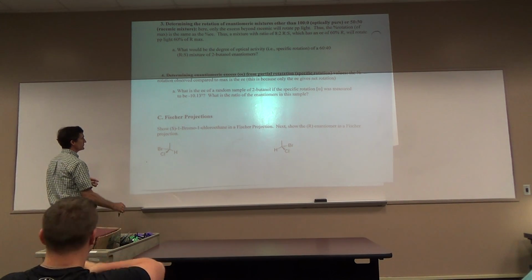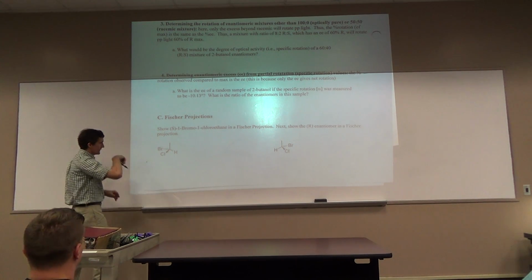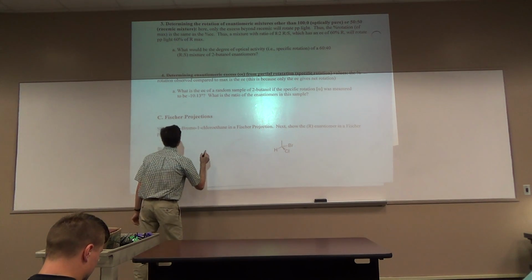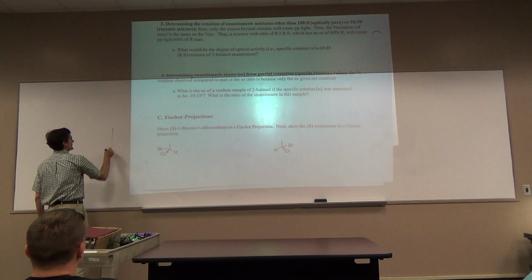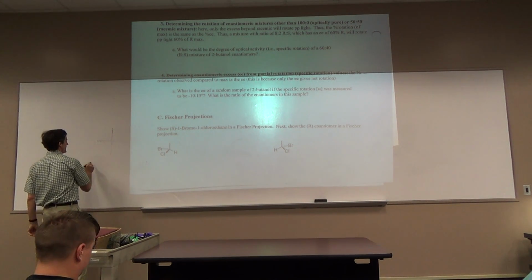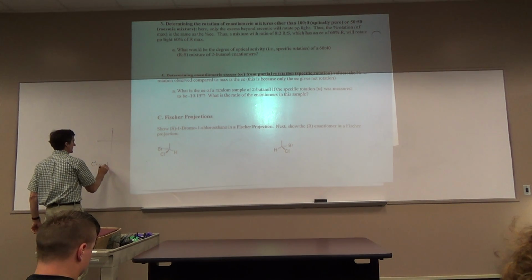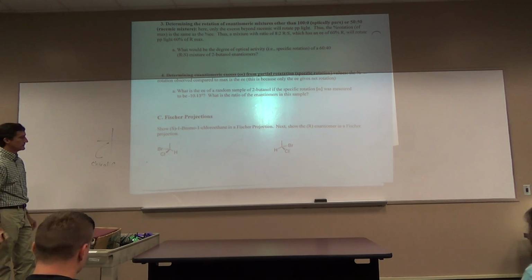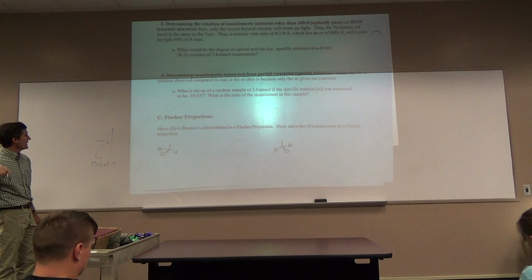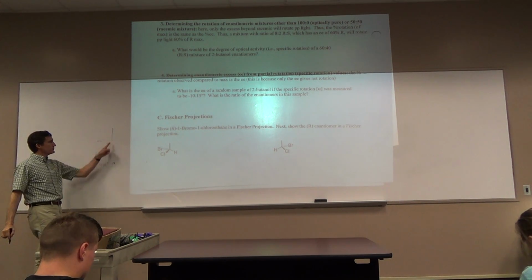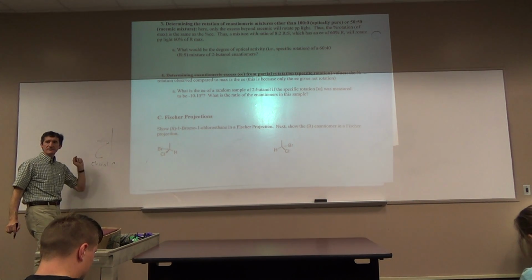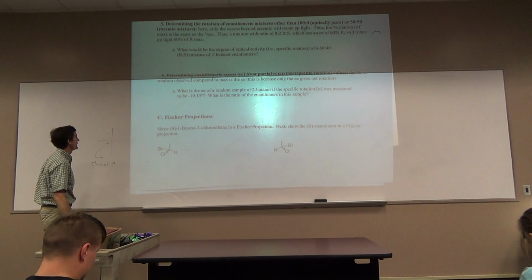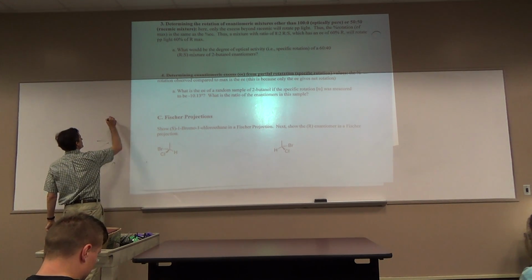In a Fischer projection, we use a crosshair, just like this. And this is a chiral carbon. But when we do this, there's some implied stereochemistry here.